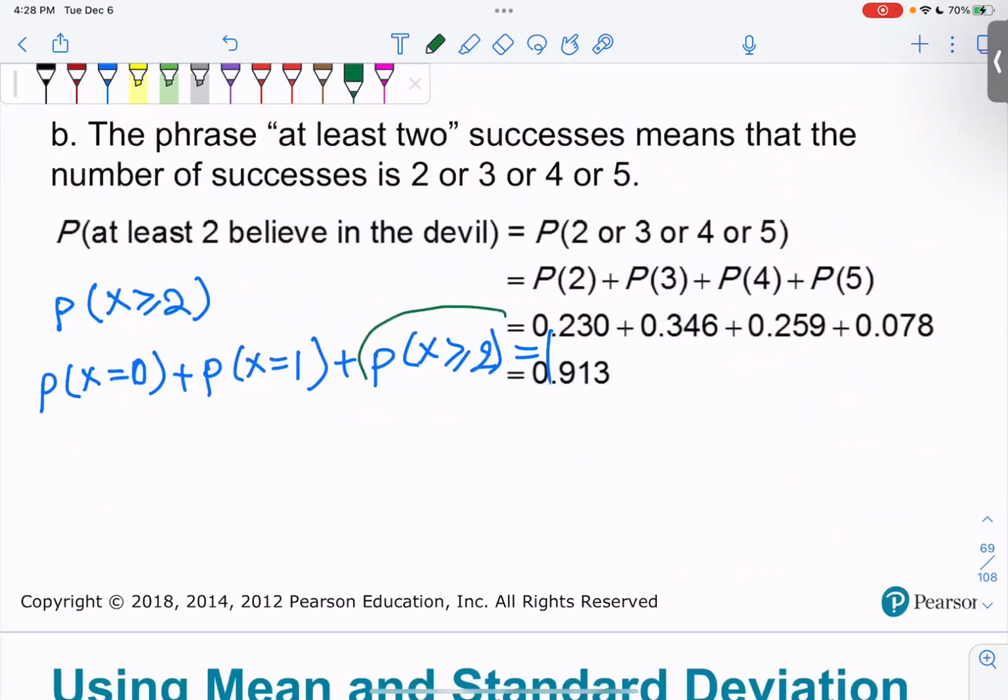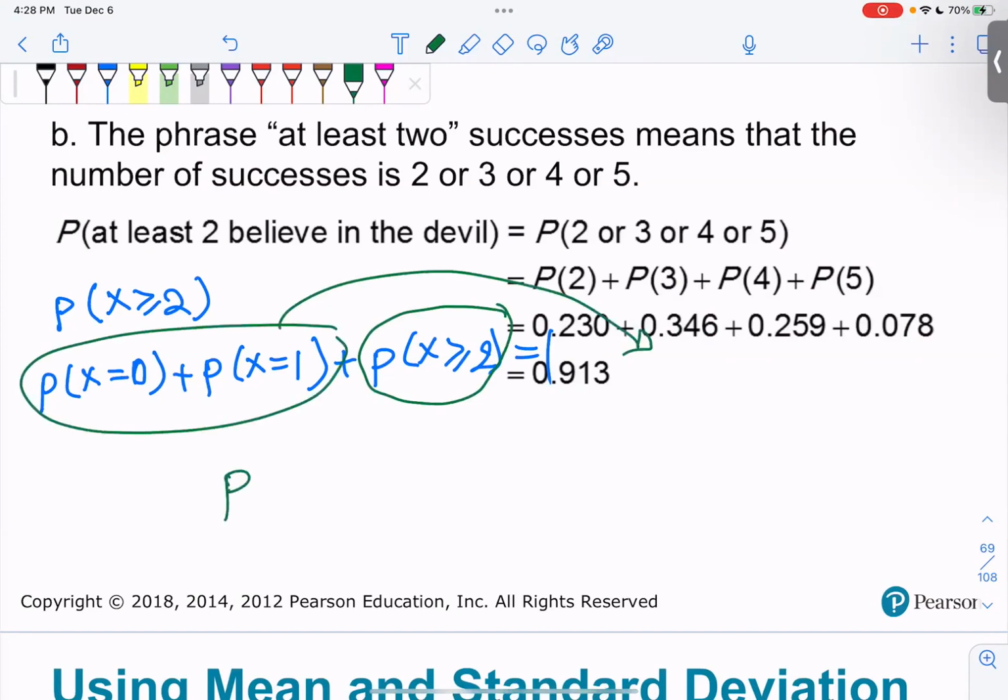Since we are interested in this one, we can take those two to the other side. So probability of X greater than or equal to 2 equals 1 minus the summation, probability of X equal to 0 plus probability of X equal to 1.